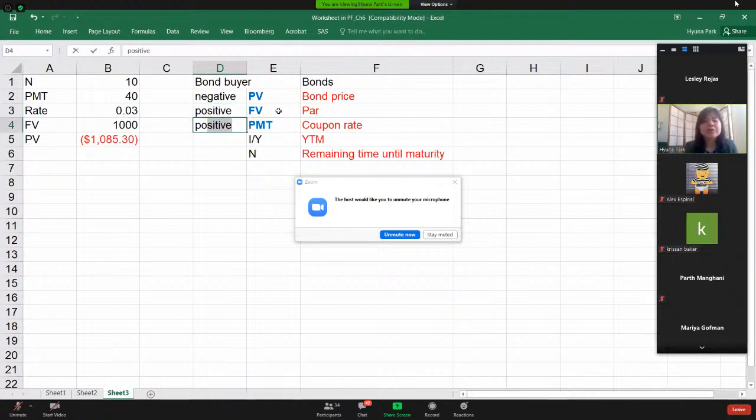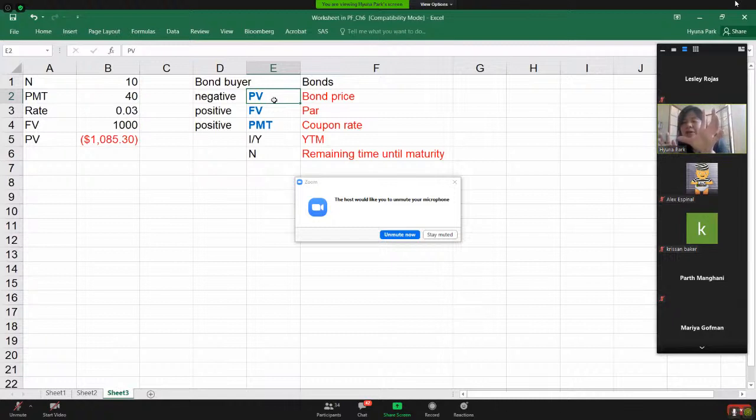So you receive par value and coupons, so these 2 must have the same sign, and this has the opposite sign. If you don't follow this sign convention, you will be in trouble. Excel will not understand what's going on and will give you an error message.